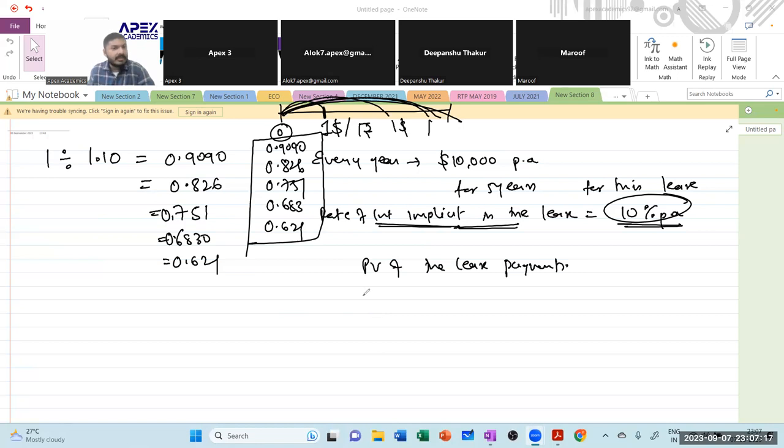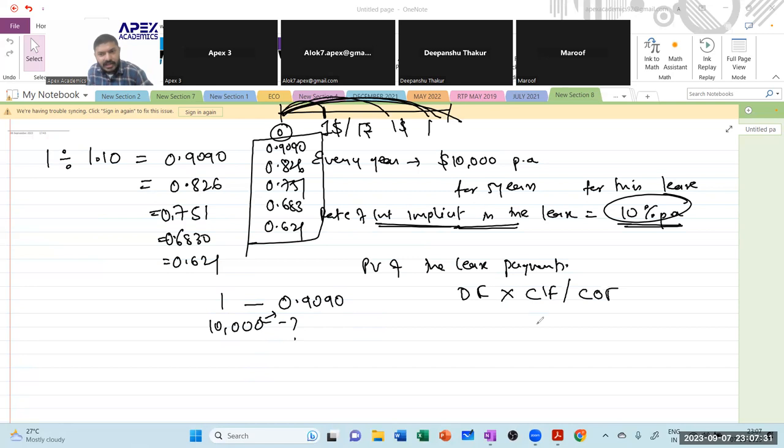So now what happens is, if 1 rupee after 1 year is going to be 0.9090, how much is 10,000 going to be? That's the basic cross multiplication we have to do. So we have to multiply these two. Essentially, you have to multiply the discounting factor with the cash inflow or the cash outflow. So in the first year, second year, third year, fourth year, and fifth year, what are your rent payments?